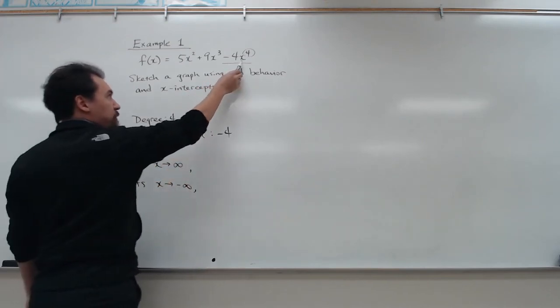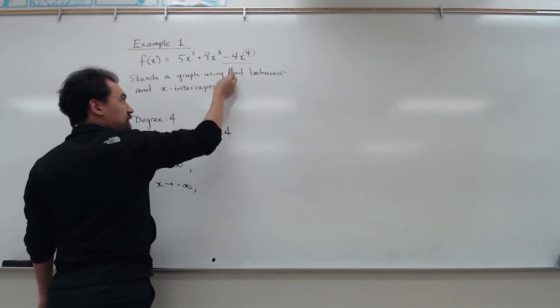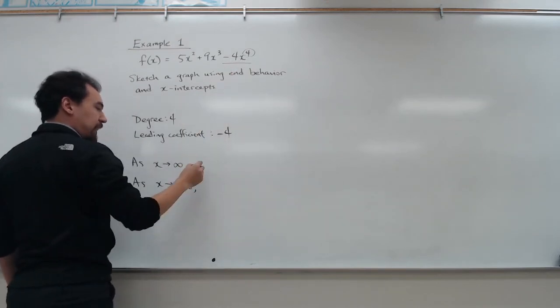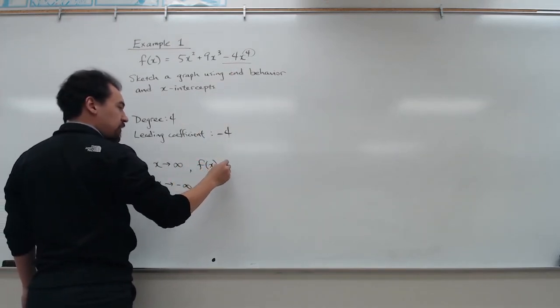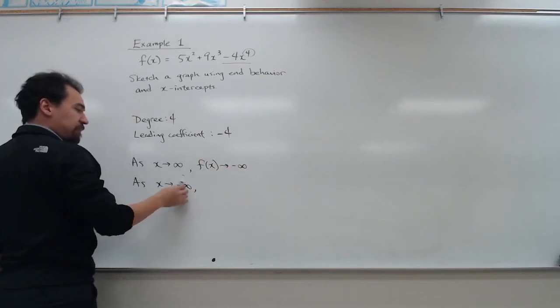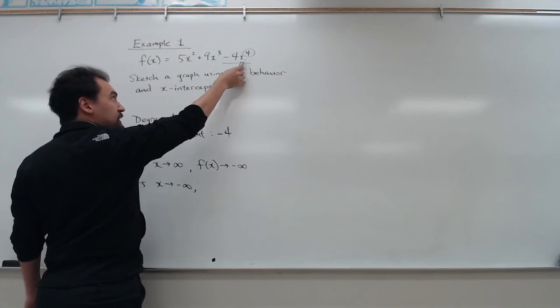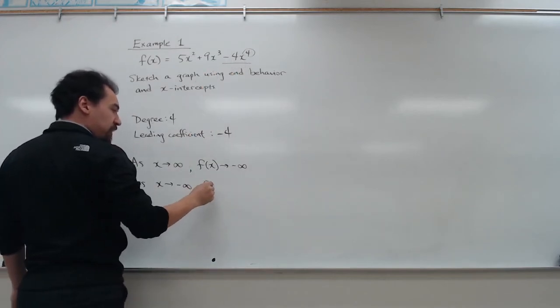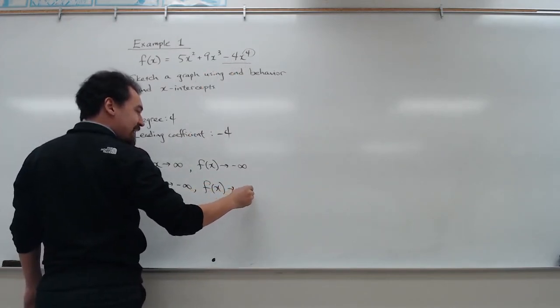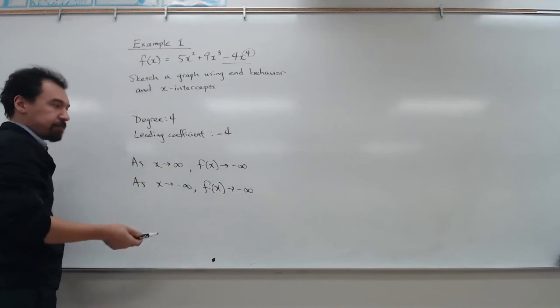So if we put a big positive number here, positive to the 4th power is positive, multiplied by negative gets us a negative number. F of x goes very negative. Then if I make x a negative number, to the 4th power is positive, times the negative coefficient is going to be negative. Okay, so there's my end behavior.